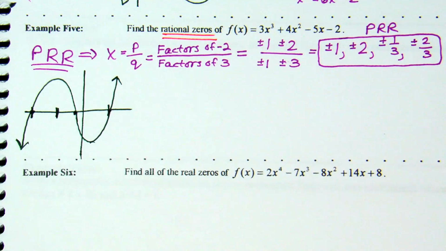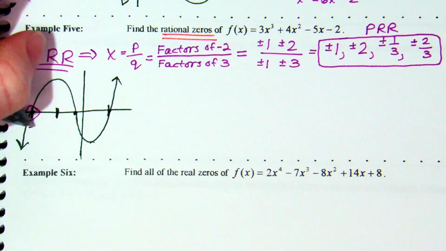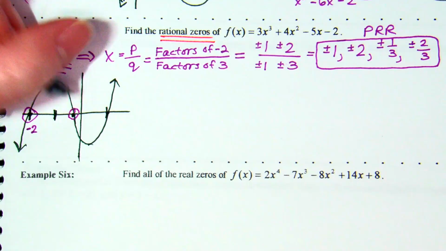Looking at those zeros, based on your graph, what ones do you think you should try? -2? -1/3. Ooh. Maybe +2/3. Okay. This one right here, I was going to put a question mark here. Oh no, so no 2/3, not +1.